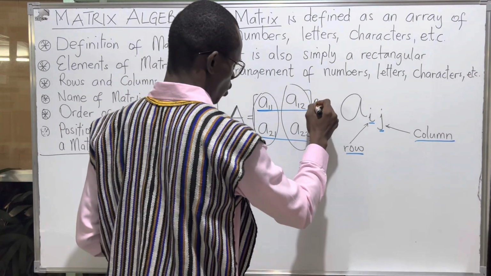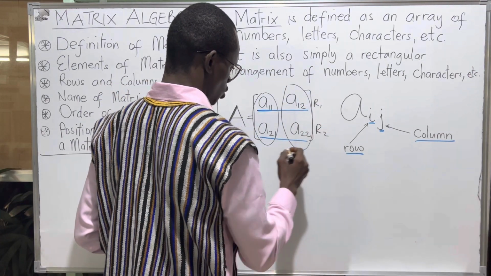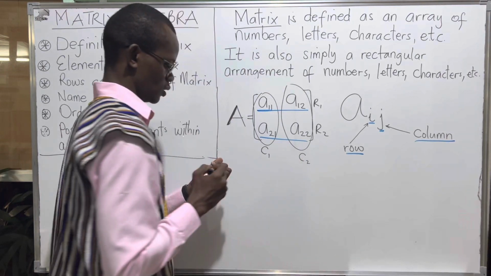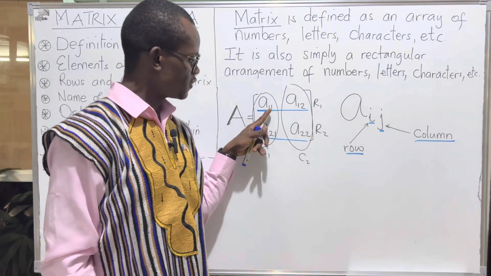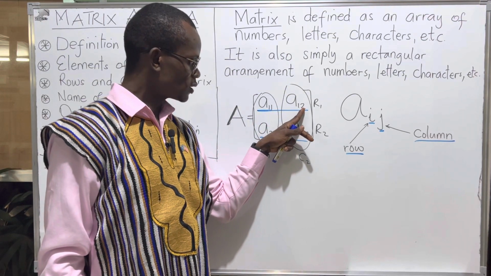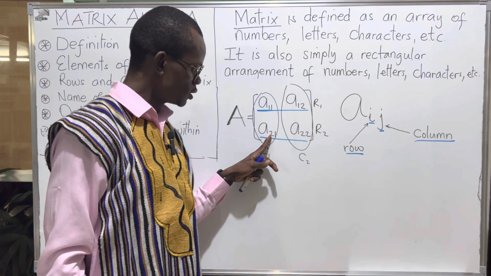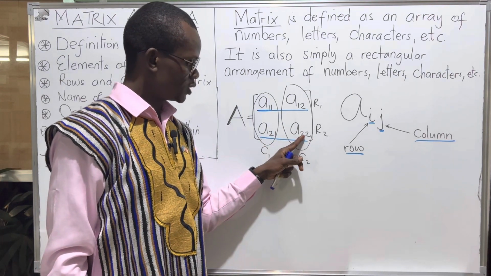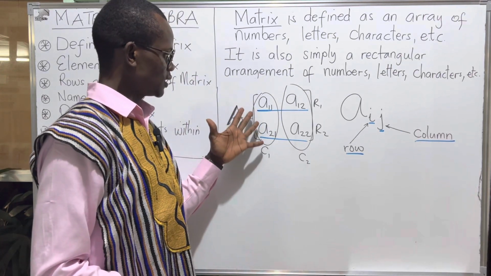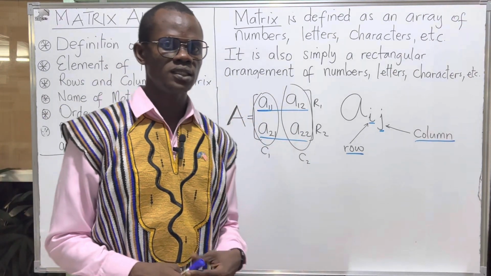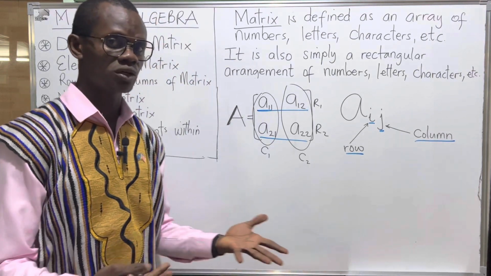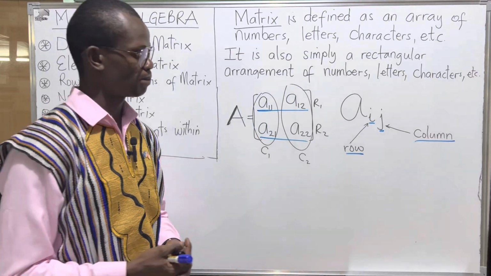We have row 1, row 2, column 1, column 2. So this indicates the first row, first column; the first row, second column; the second row, first column; and the second row, second column. This explains how you can easily identify an element, or position, within a matrix.